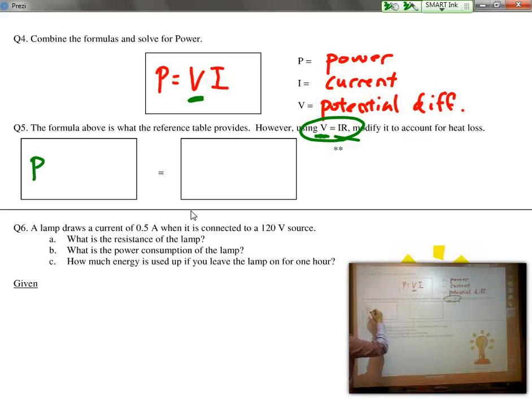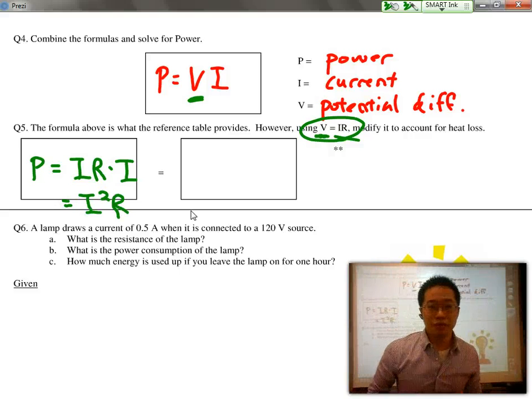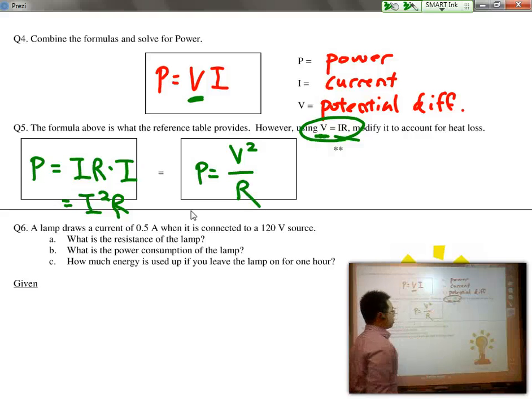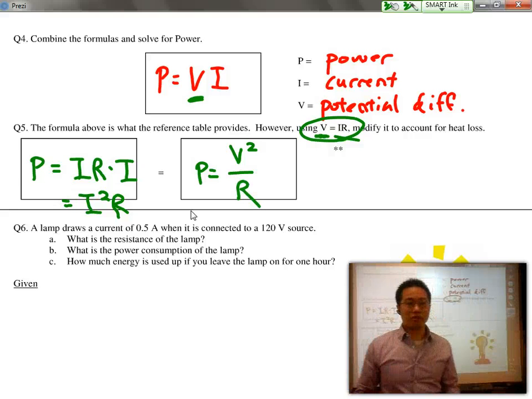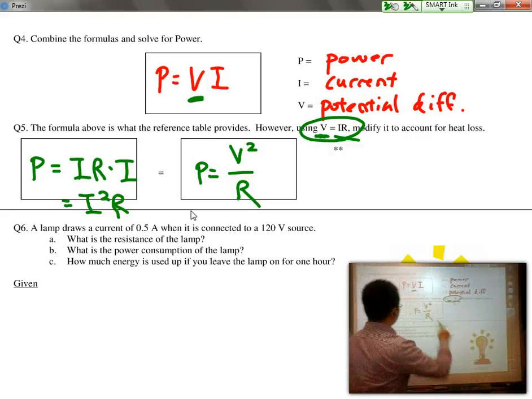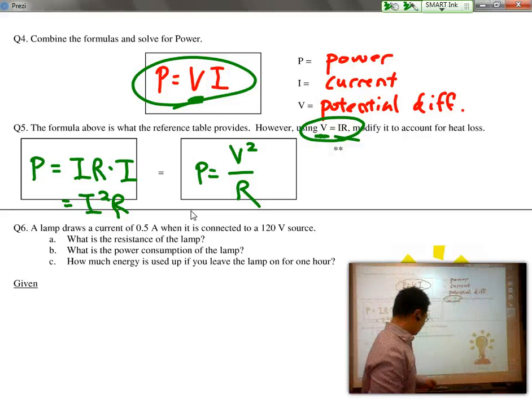Therefore, power could also equal IR times I, or in other words, I squared R. You can even manipulate it to replace I, so power would also equal V squared over R. Any of these formulas are technically true. They are all derived from the same formula of power equals VI, and that's the most common formula that we're going to use ourselves.